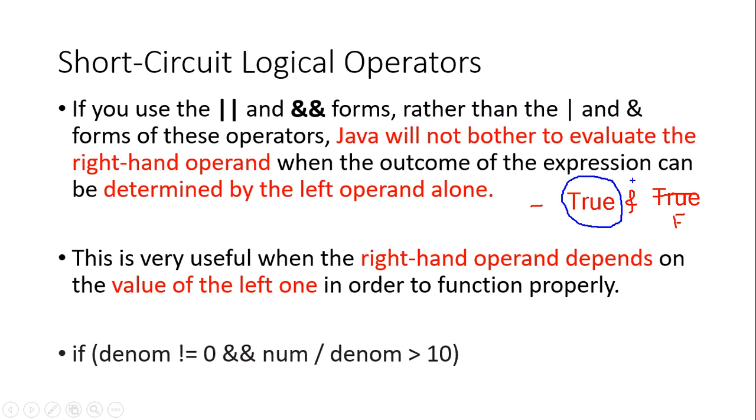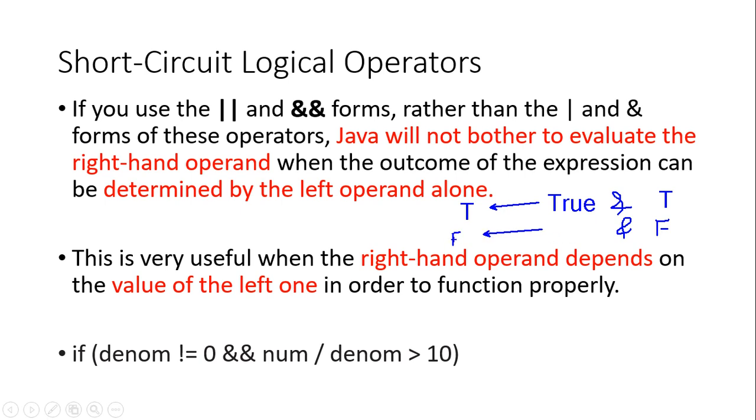So if the first expression is true and the second expression is true, then the answer happens to be true. You know that. If the first expression is true and the second expression is false, then the answer is false.